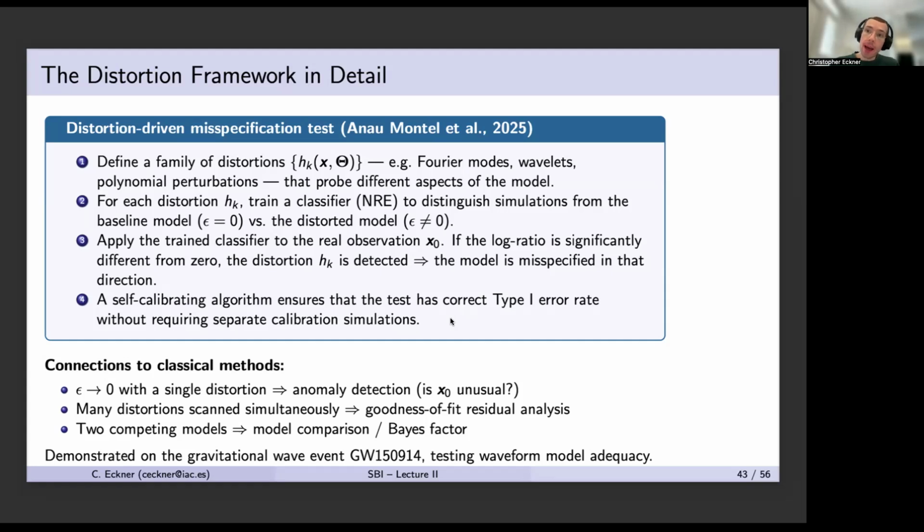There you have access to the evidence of your data given the model, which helps you state that this model is more likely to be describing the real data than this model with the distortion. So this is a pretty neat test.